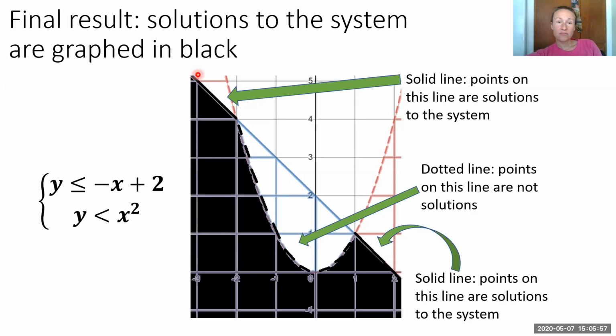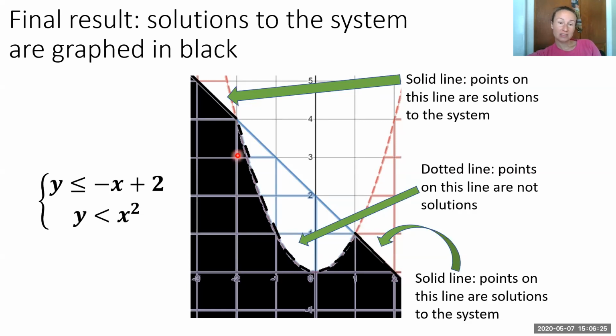Notice here, we've got a solid line there because points on this line make both of these inequalities true. This line here, though, is dotted because points on this line do not make both of them true, okay? And then this line back over here is again solid.